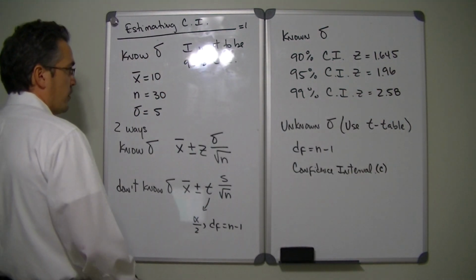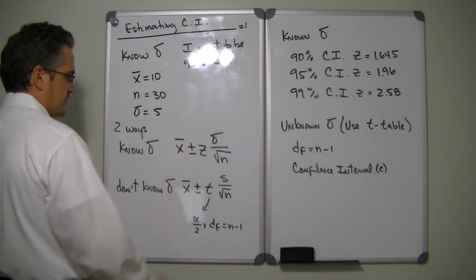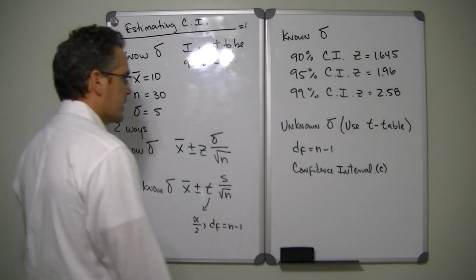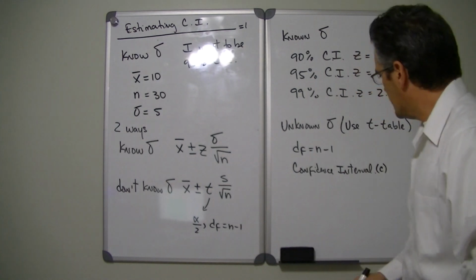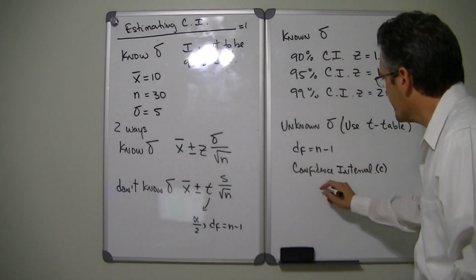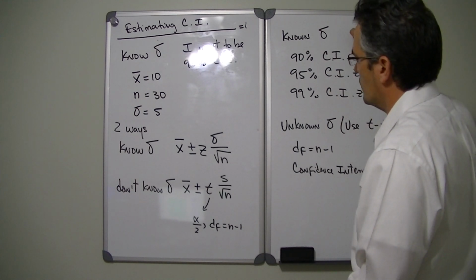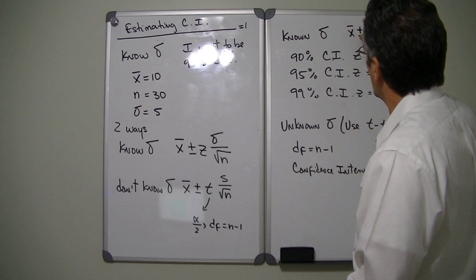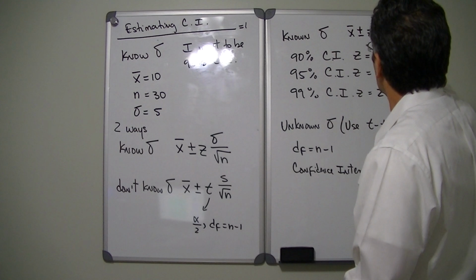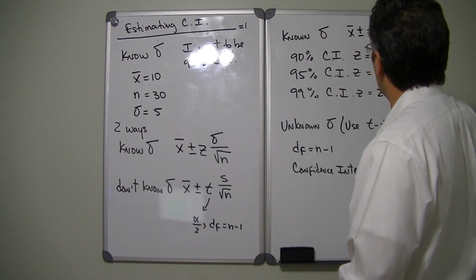So what we're going to do is plug in the numbers into this formula. I'm going to write the formula over here so I don't lose it. If we know sigma, we're going to use x bar plus or minus z sigma over square root of n.